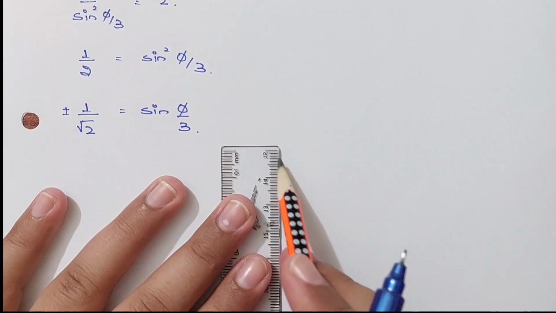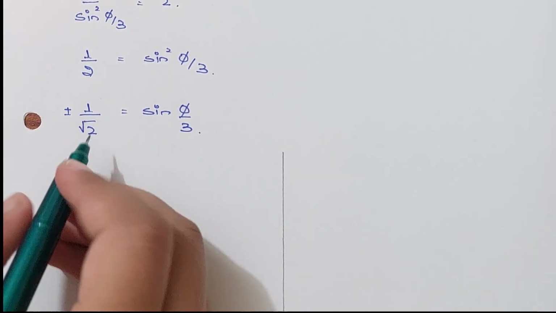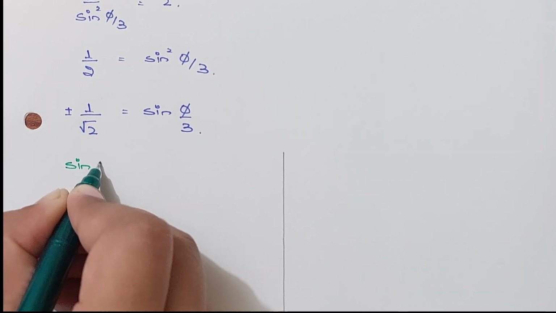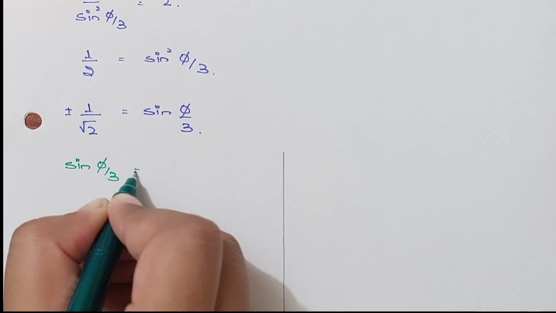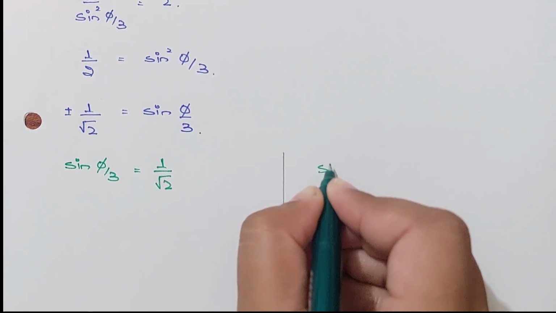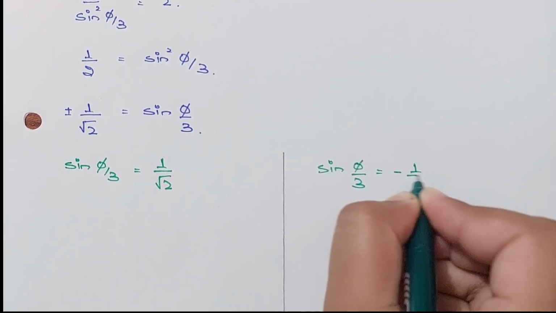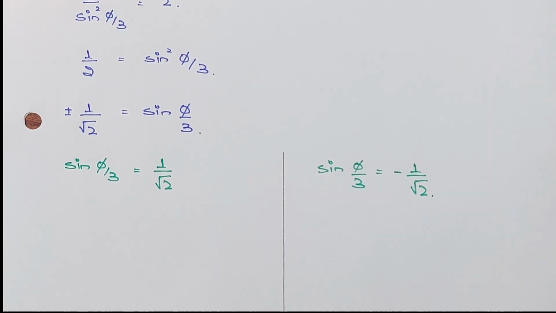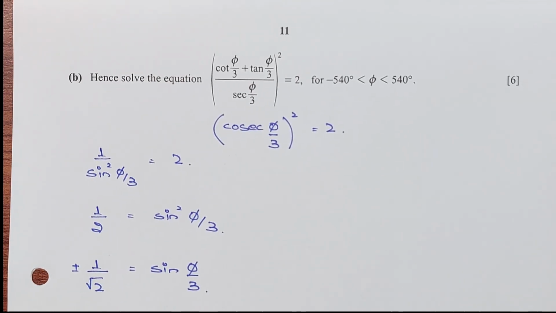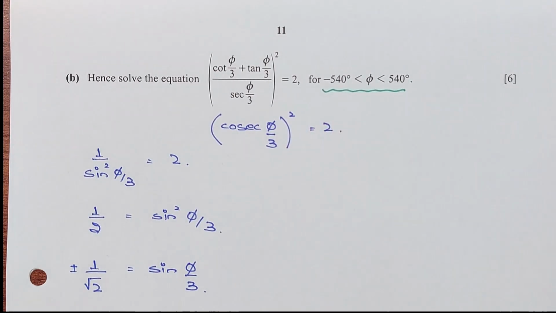Okay, let me solve both of them. The first one is sine 5 by 3 equals 1 over square root of 2, and the second is sine 5 by 3 equals negative 1 over square root of 2. And we are given the domain between minus 540 degrees to plus 540 degrees.